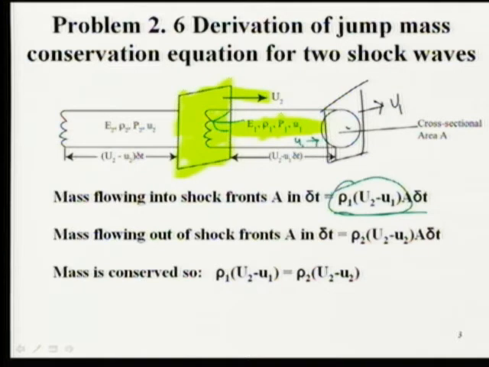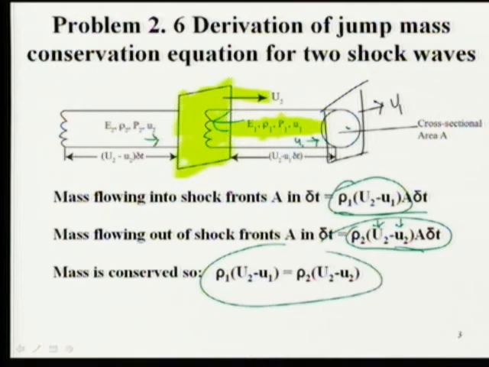And the mass going through the back, or out the back, is then the new density times the shock velocity in Eulerian coordinates minus the particle motion, because this u2 is also to the right. So that's the mass going through the shock jump. Well, mass has to be conserved, so these have to be equal. You can see it's a little different than the single shock, but it was fairly easy to do.